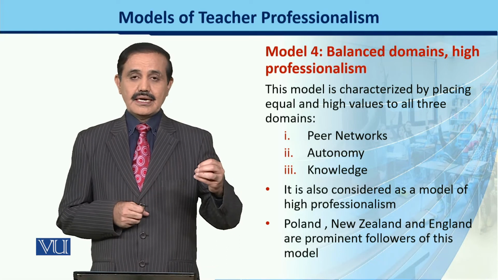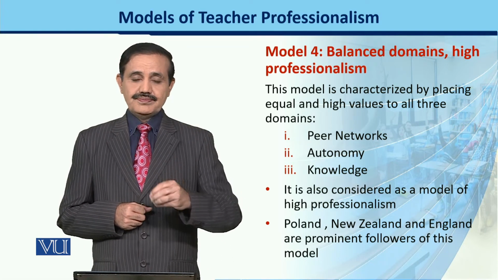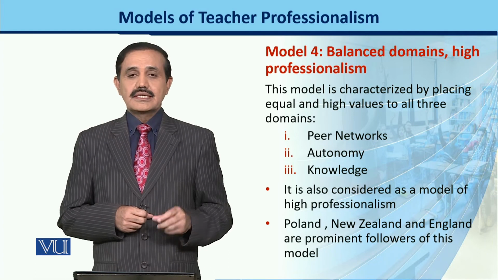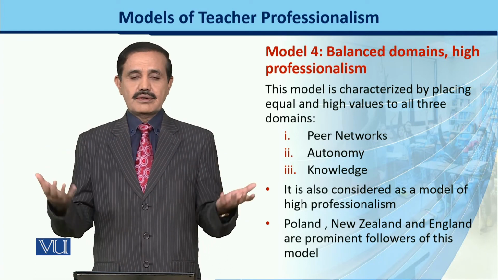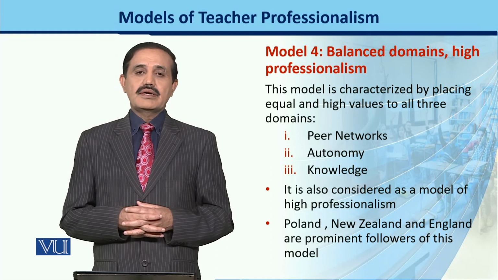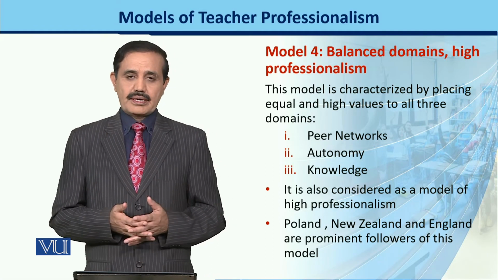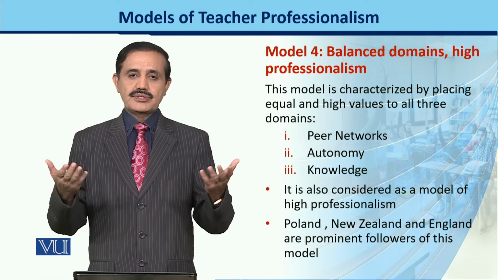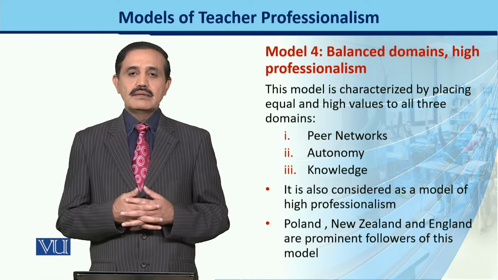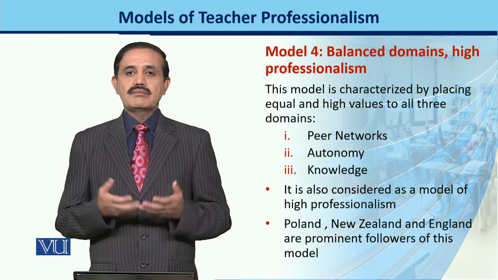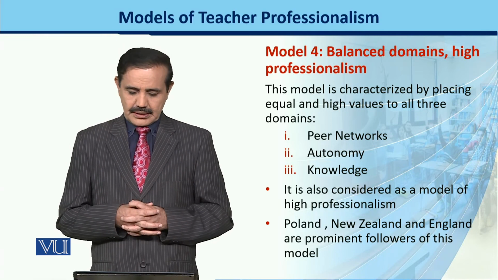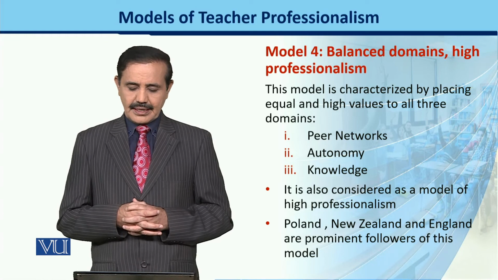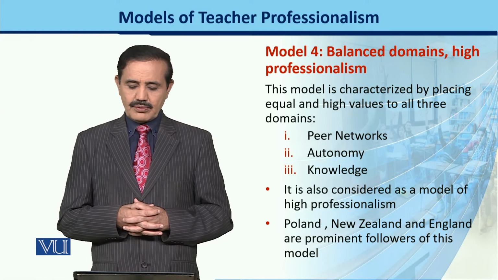The critics or researchers are reviewing each of the models, and this is one of the findings so far. Maybe future researchers may prove something more than that, maybe different, or maybe extending the available knowledge. Poland, New Zealand, and England are the prominent followers of this model.